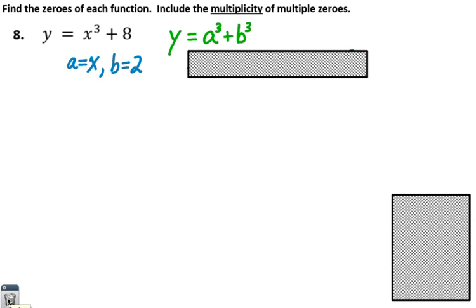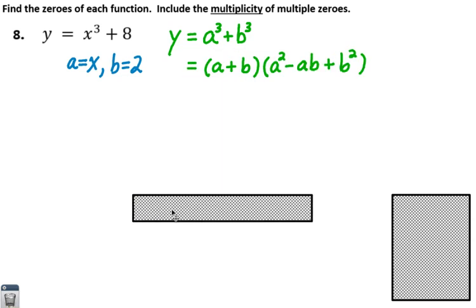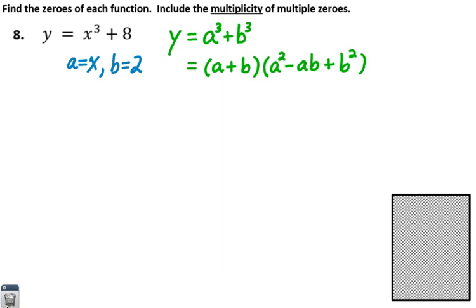Now that you know a and b, you go with the formula. Here's some pretty good news: you don't have to memorize this formula. I'll give it to you on the test. So now we plug stuff in. a plus b will be a bubble of x plus 2.